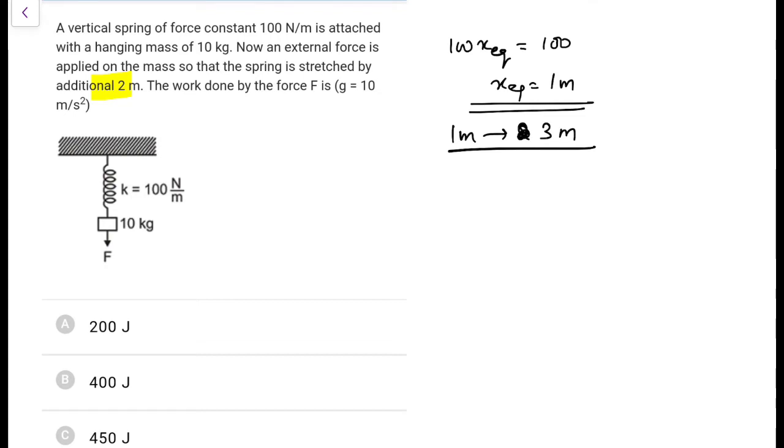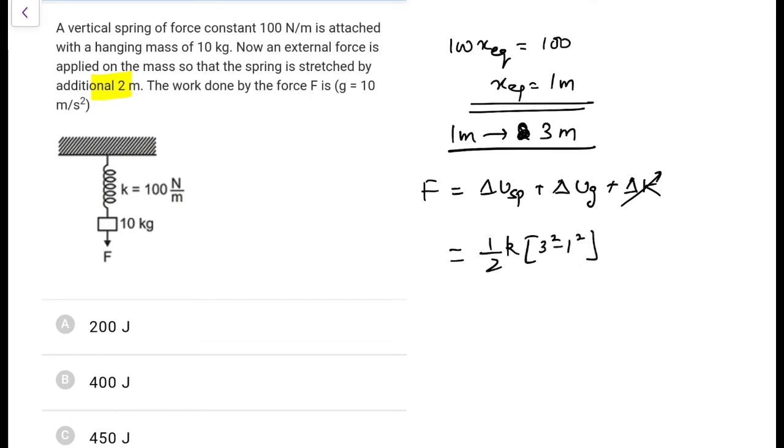So work done by the force would be change in spring potential energy plus delta Ug plus delta K. We are assuming delta K to be negligible, or zero change, because we are left with no other choice. Now delta U spring is half k x final square, 3 square, minus initial square, 1 square, and delta Ug would be minus mg, and it has fallen by 2 meters.